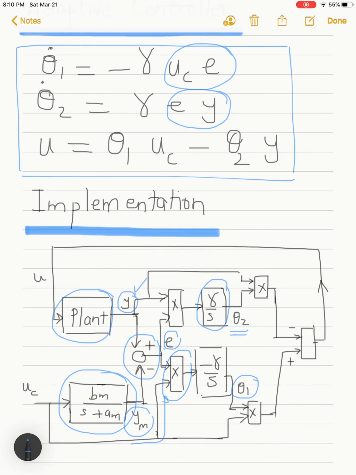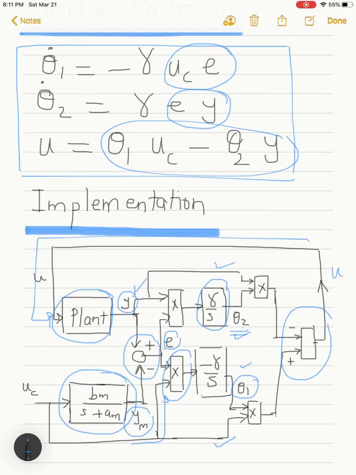Now theta 2 and theta 1, I will take those into the control law. So I multiply theta 1 here by uc, and multiply theta 2 by y, and the result here would be the control signal u, and that control signal is taken as an input to the system.